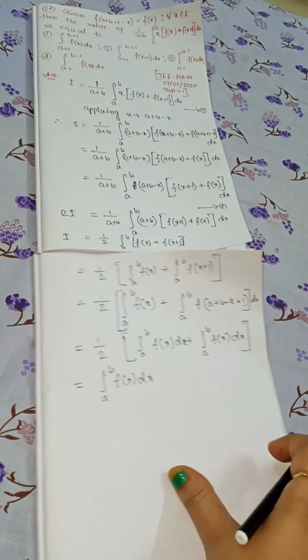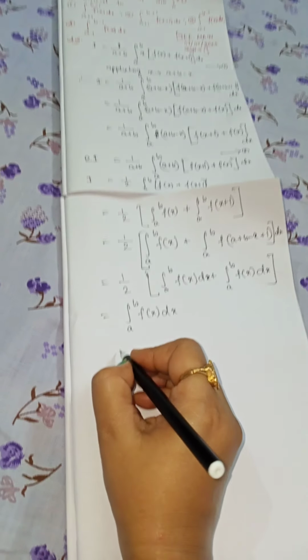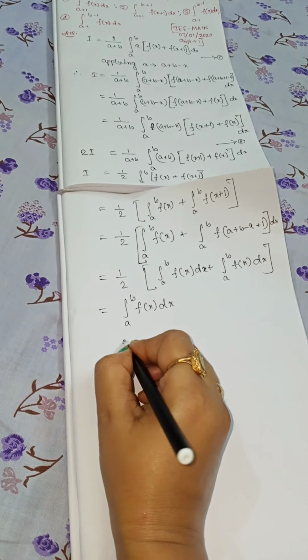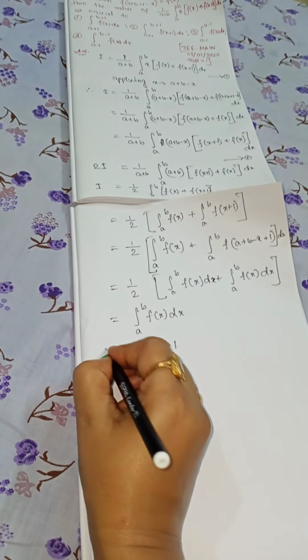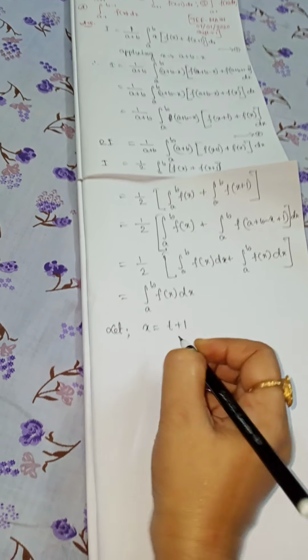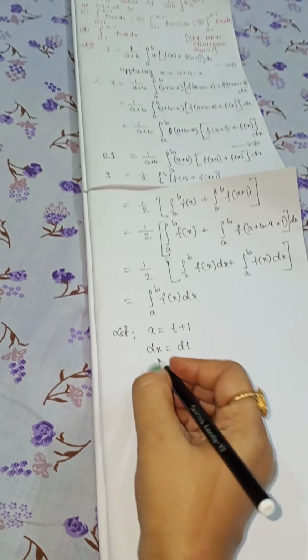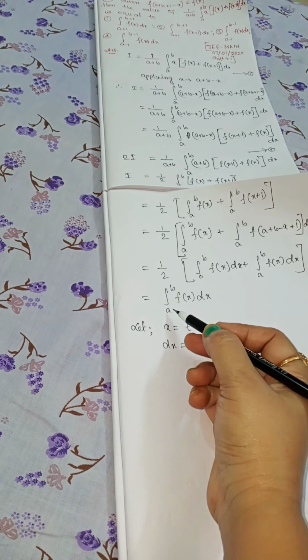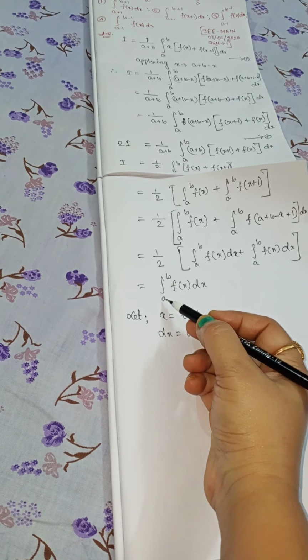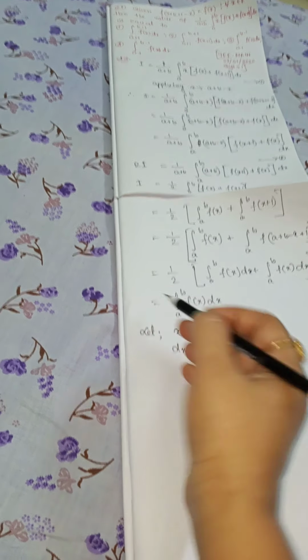Unfortunately this is also not any other option, so once again we apply that. Let x is equal to t + 1. So dx is equal to dt, and when x is equal to a, it becomes a - 1 and b becomes b - 1.